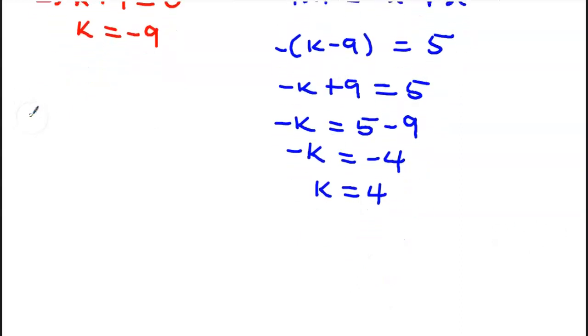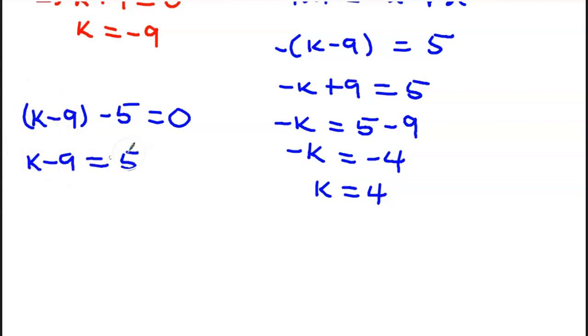So the second part, k minus 9 minus 5 is equal to 0. That is the positive aspect. So k minus 9 will be equal to 5. So k will be equal to 5 plus 9. So k is equal to 14. So we are now going to have three values of k.